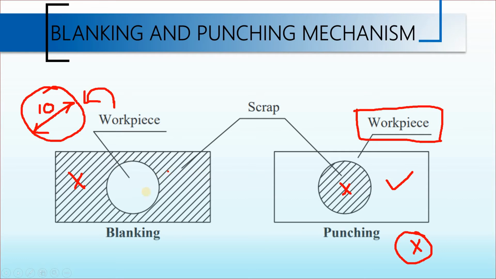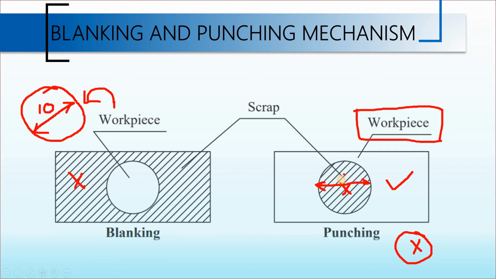Like in blanking operation, for the cut portion we control the parameters, and here, for the hole, the diameter and dimension of the portion that is cut out, we don't consider. What is the hole diameter, that we have to consider. Got it?